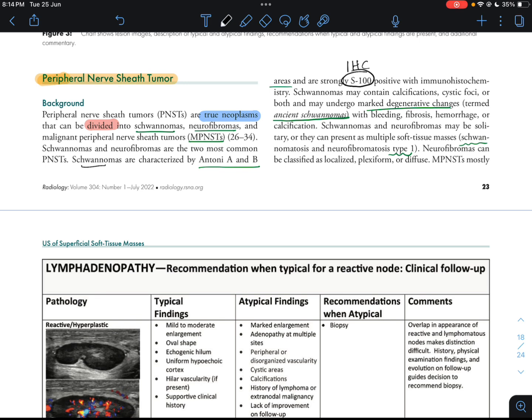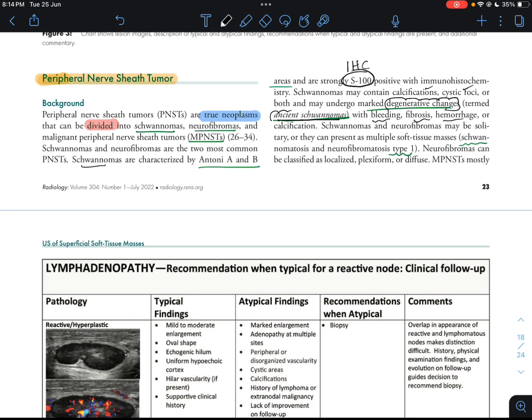And there's something called ancient schwannomas. Ancient schwannomas are nothing but degenerative schwannomas, means old schwannomas which undergo degeneration, which include calcification, cystic foci, bleeding, fibrosis, hemorrhage. These are known as ancient schwannomas.